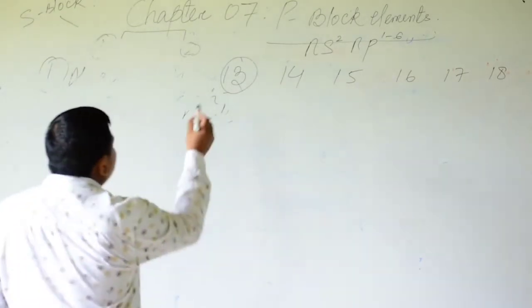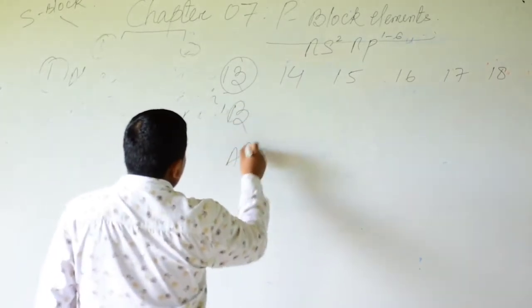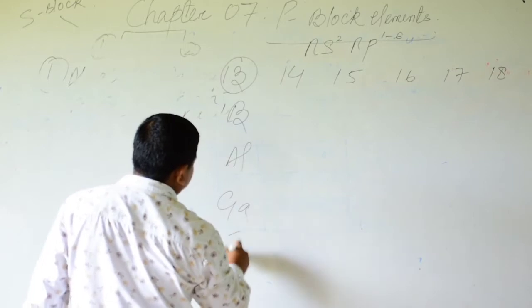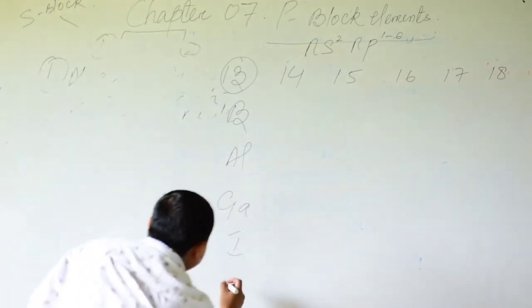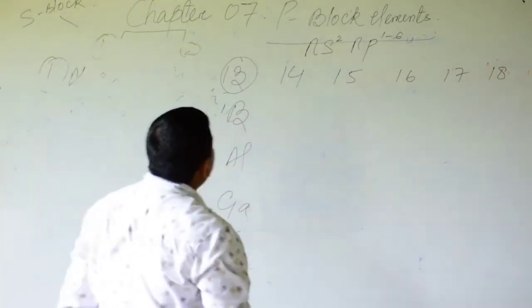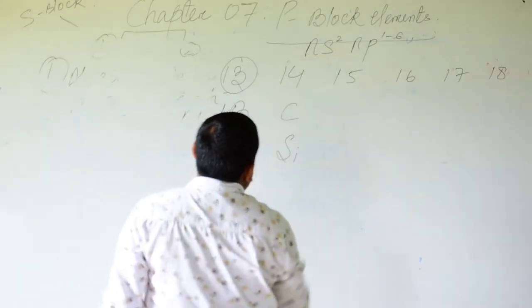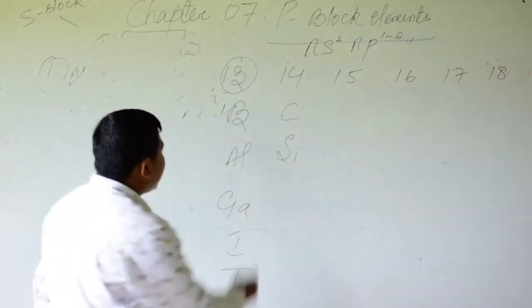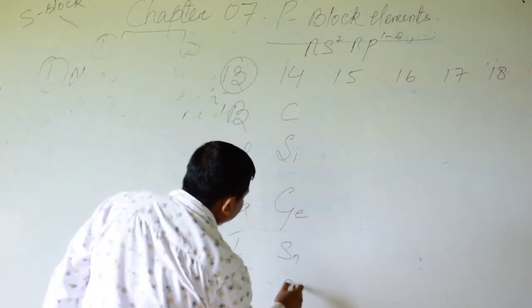In group number 13, we have boron, aluminium, gallium, indium, then thallium. In group 14, we have carbon, silicon, then germanium, then tin, then lead.